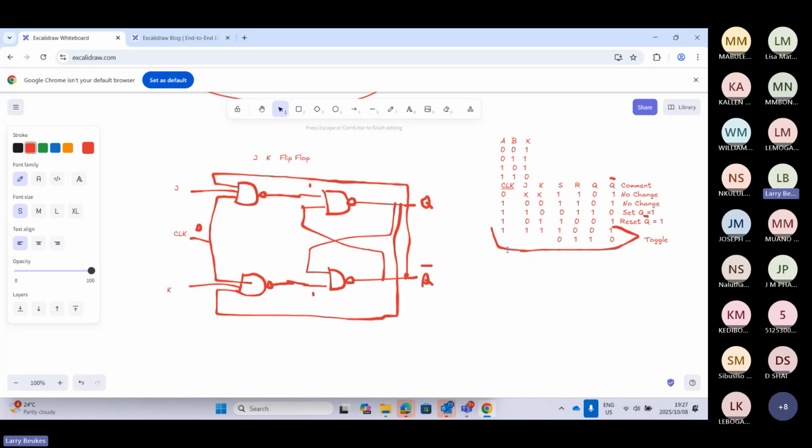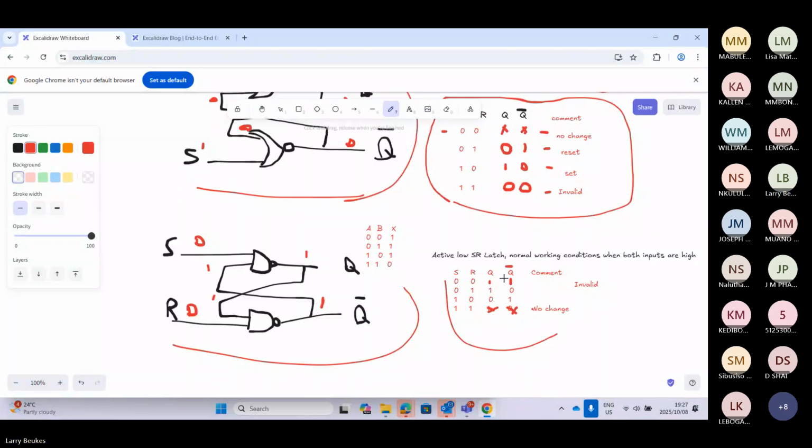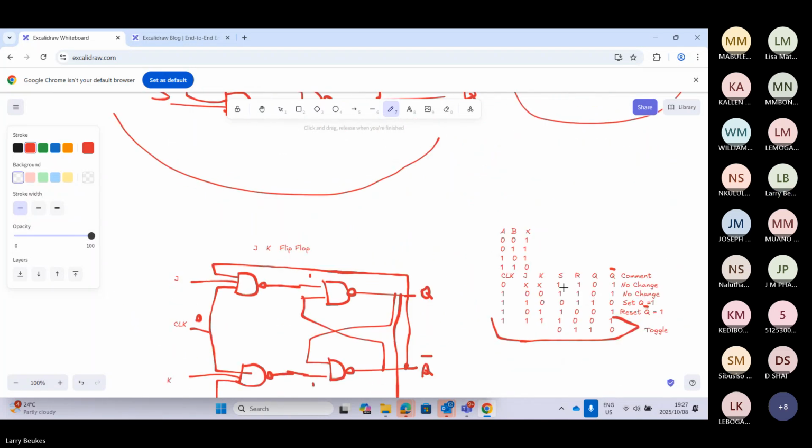So if you need to explain it, the most important thing here is to learn the truth table. From this line, from 1, 2, 3, 4, right? It's the same as this. You see? 1, 2, 3, 4. Everything is the same, right?